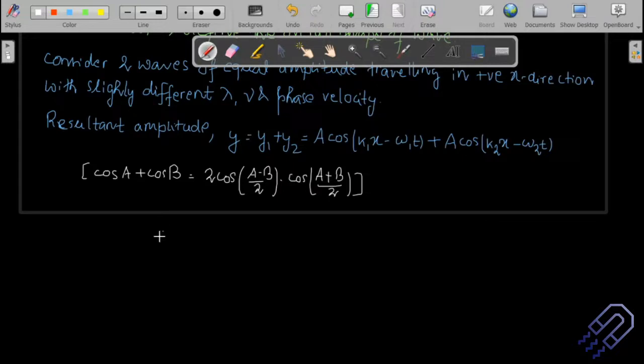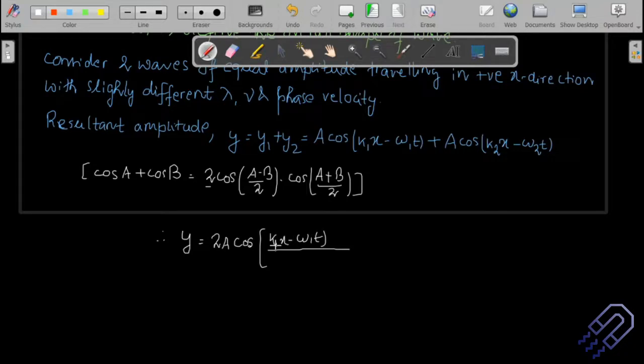So therefore I'll write down y as, so this is a, I can take it out common, there is a 2 in front with the formula, so I can write it down as 2 times a and then cos. So this is k1x, k2x. I'll just do it here.